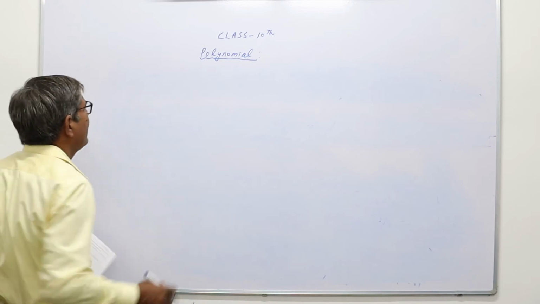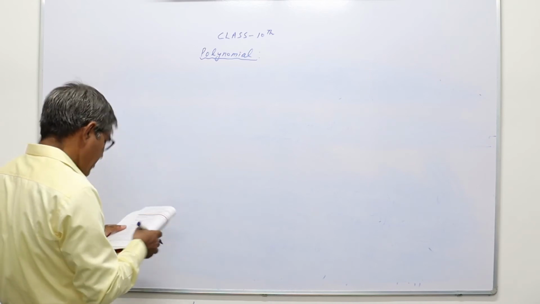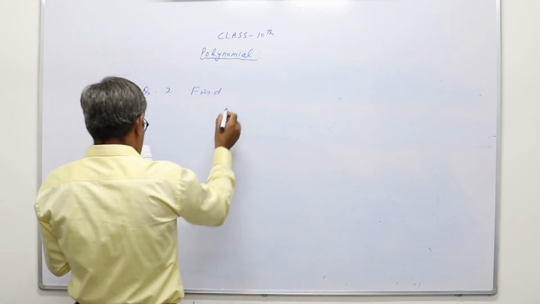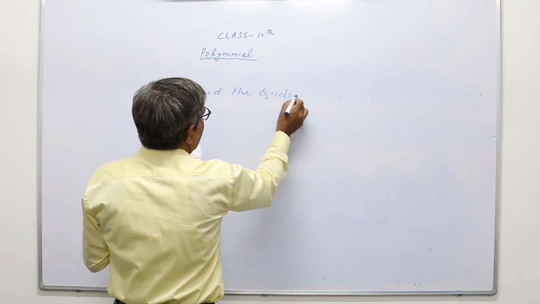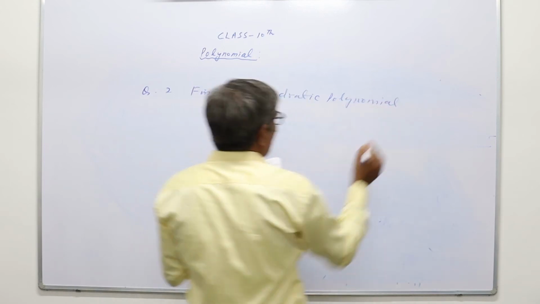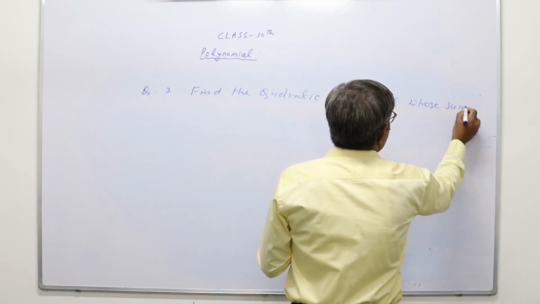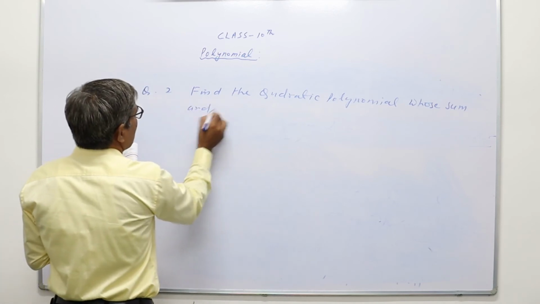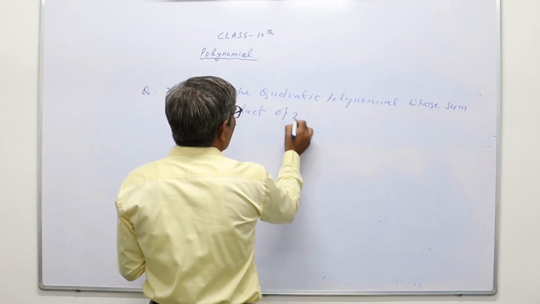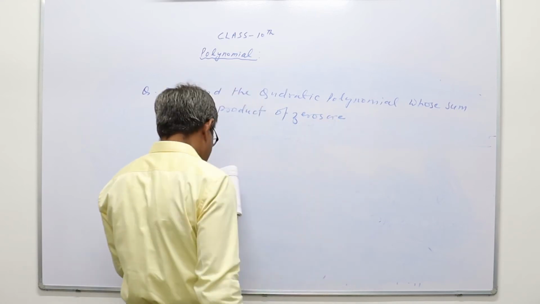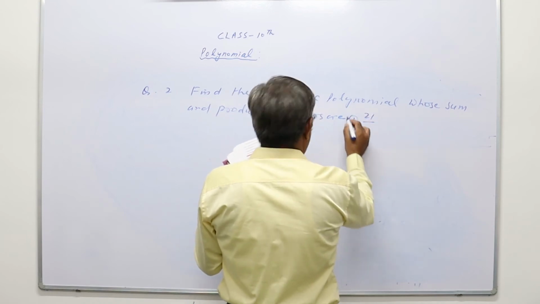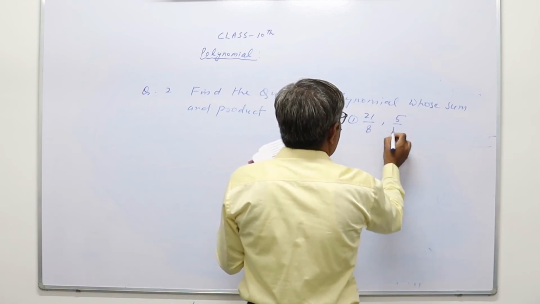Now next question. Find the quadratic polynomial whose sum and product of zeros are 21/8 and 5/16.